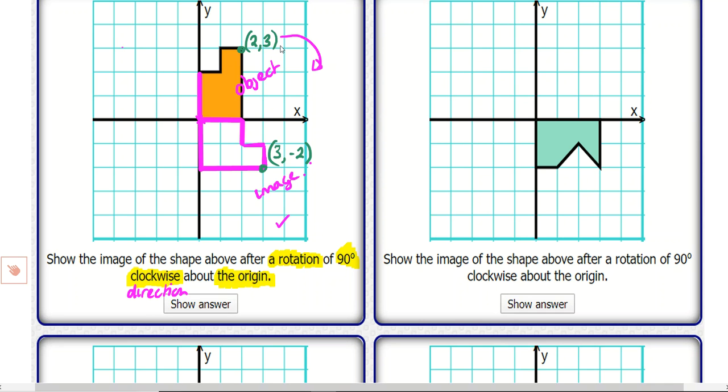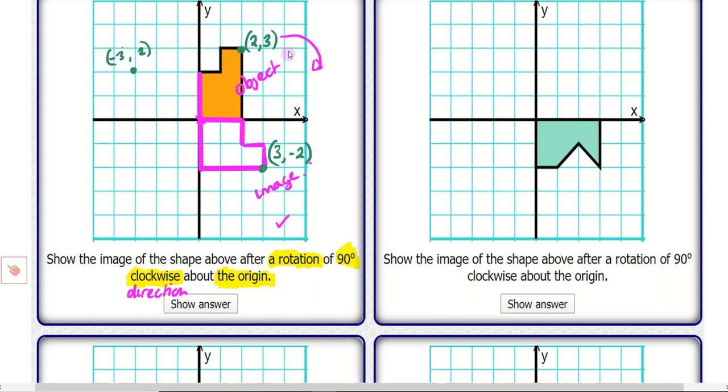So bear in mind it goes 3, negative 2. So negative 3, 2, because this point would end up over here, right? And it would be negative 3, 2. So do you notice anything about what's happening with the coordinates? Yeah? They're switching back and forth. They're switching and becoming negatives.